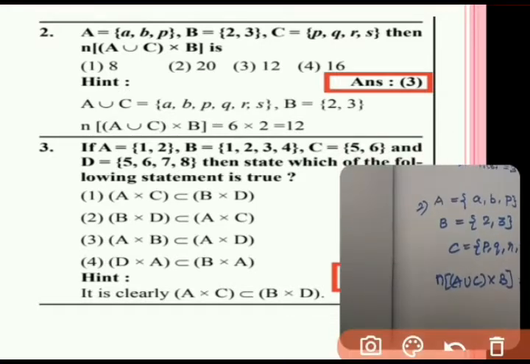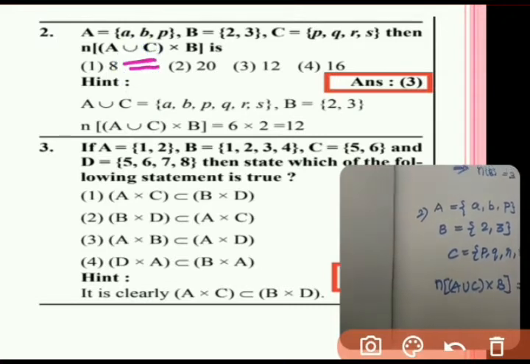Question number 2. If A is equal to {a, b, p}, set B is equal to {2, 3}, set C is equal to {p, q, r, s}, then n of (A union C) cross B is dash. We have to find first n of A union C. How to find n of A union C? The meaning of union is combining the elements together.